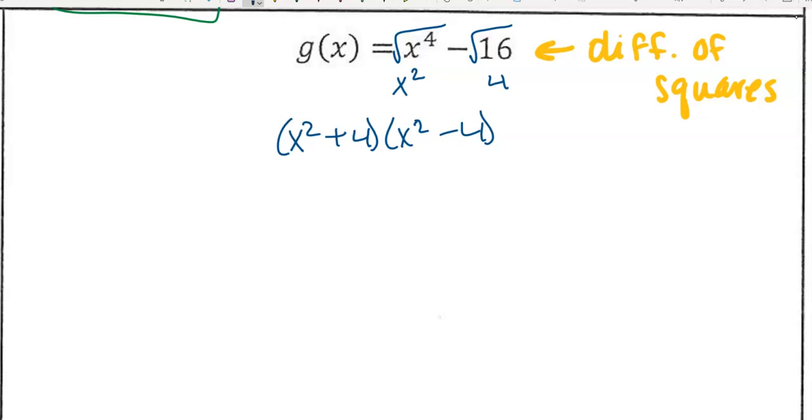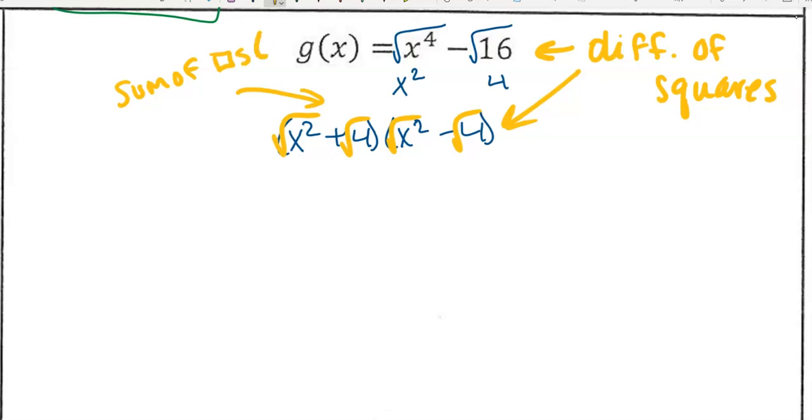All right, now, are we done here? Unfortunately not. Oops, we have a little bit more to go. We again have perfect squares. x squared is a perfect square and 4 is a perfect square. So this is difference of squares, and this here with the plus sign is sum of squares.